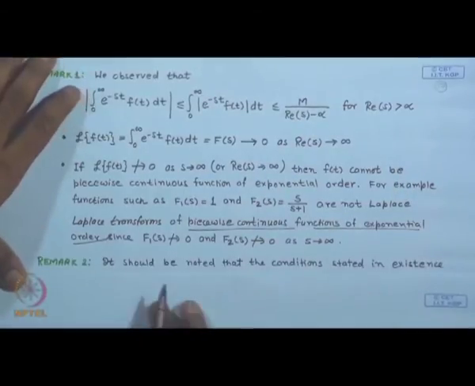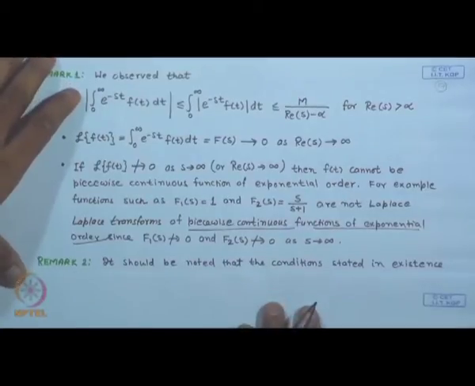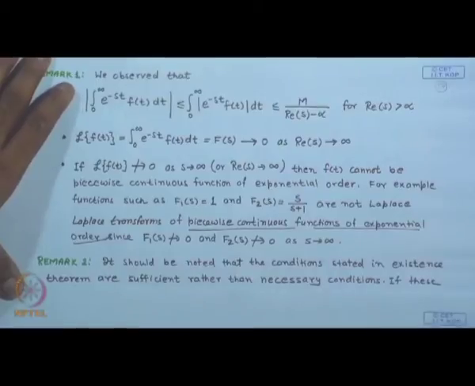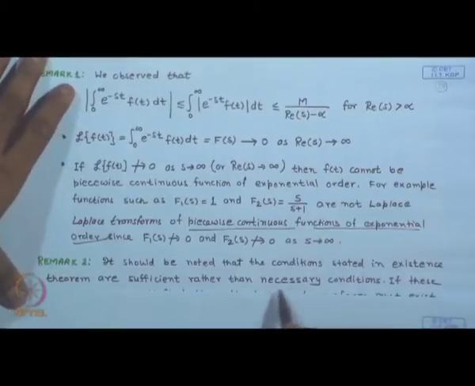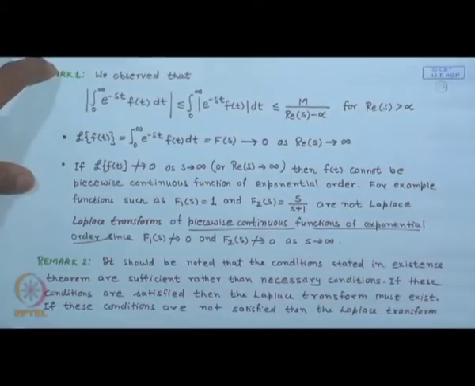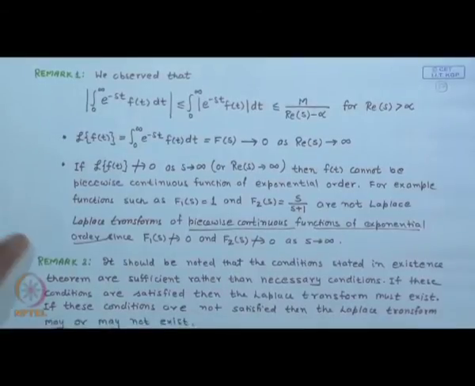The remark 2: it should be noted that the conditions stated in this existence theorem are sufficient rather than necessary conditions. That means, if these conditions are satisfied, then the Laplace transform must exist. If these conditions are not satisfied, then the Laplace transform may or may not exist.